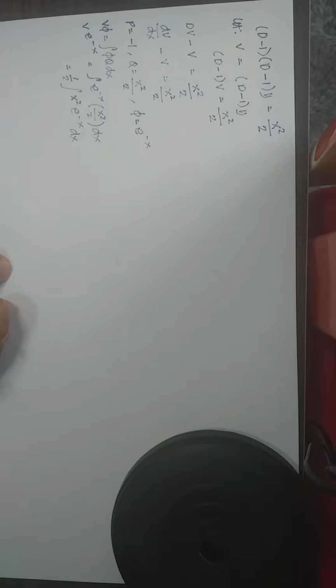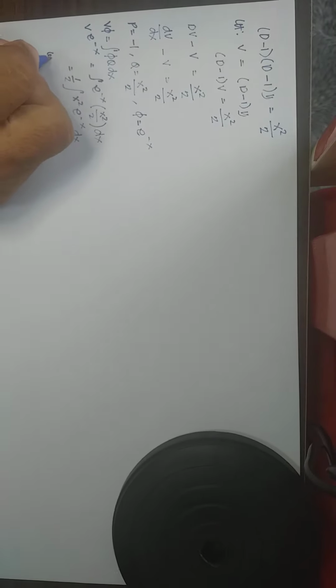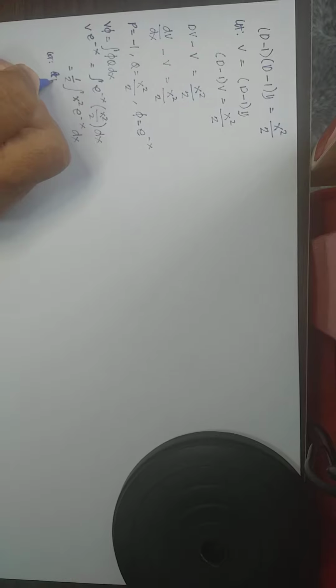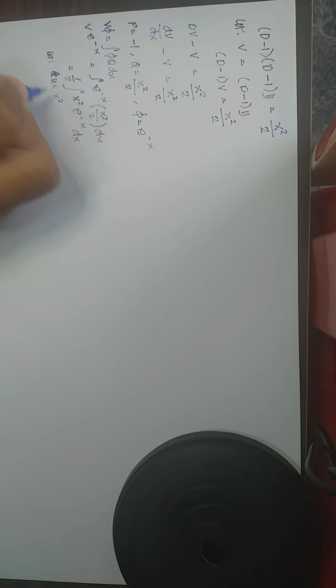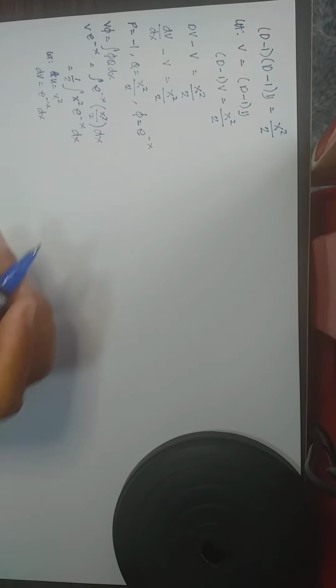Again, this is now in the form of integration by parts. So we have to let u be equal to x squared and dv be equal to e to the negative x dx.